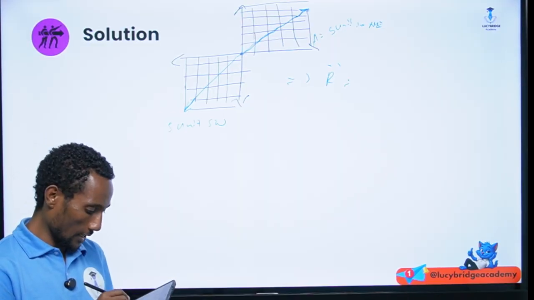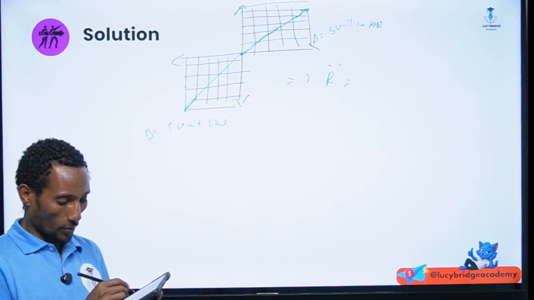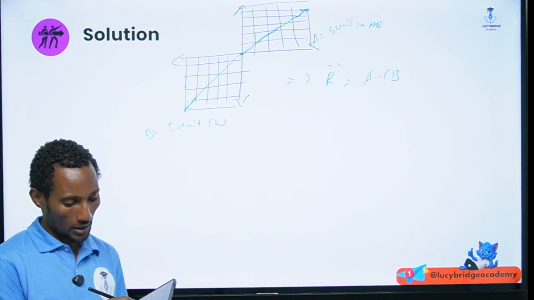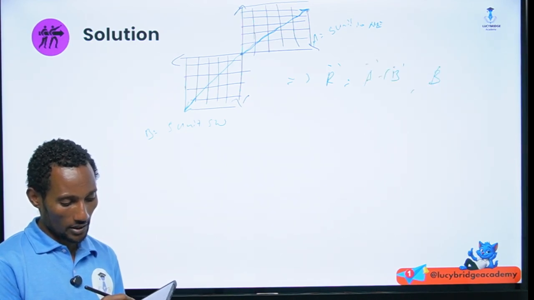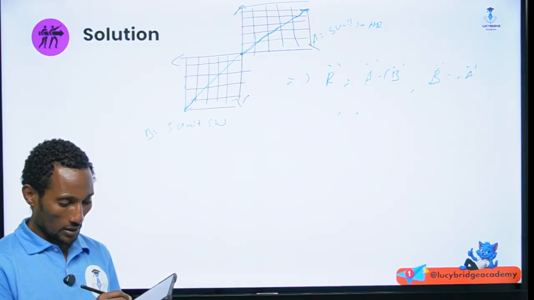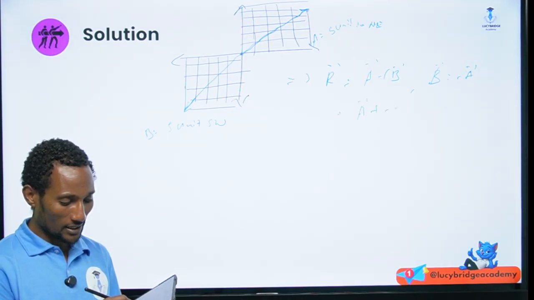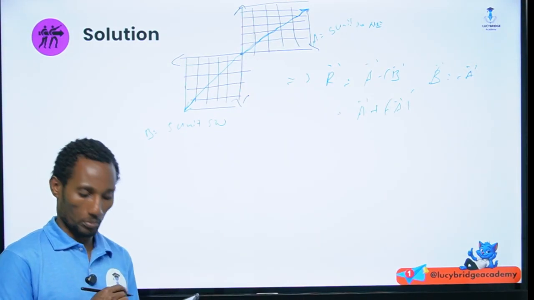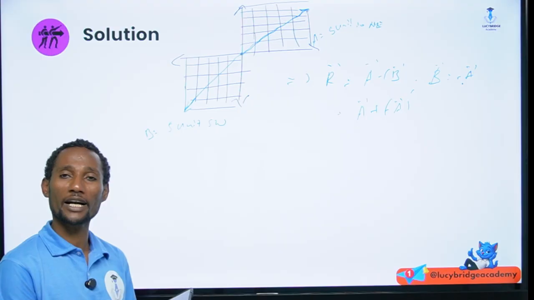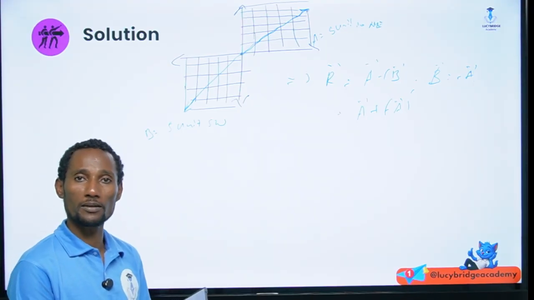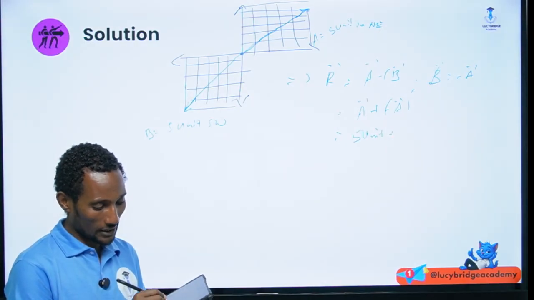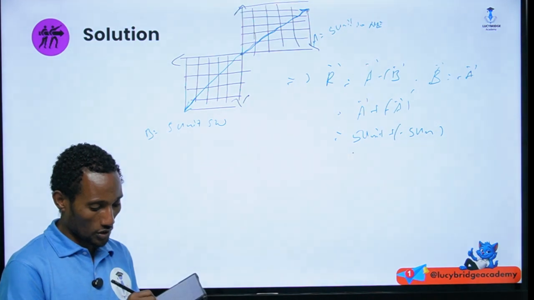Let's say this one is A and this one is B. The resultant of these two vectors equals A plus B, but B is opposite in direction to A, so it is the same as A plus minus A. The direction is opposite, but the magnitude is the same. So 5 units plus minus 5 units results in 0.